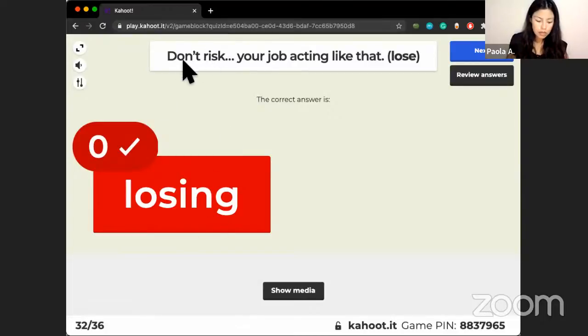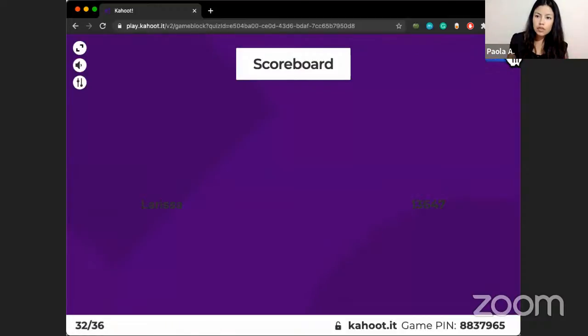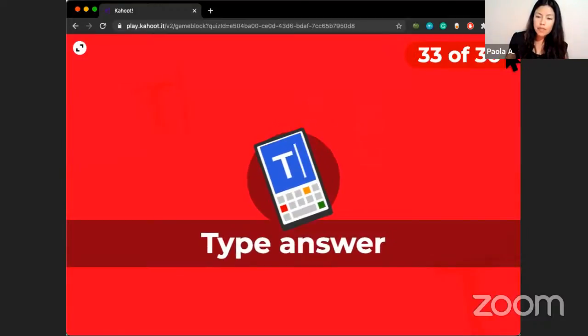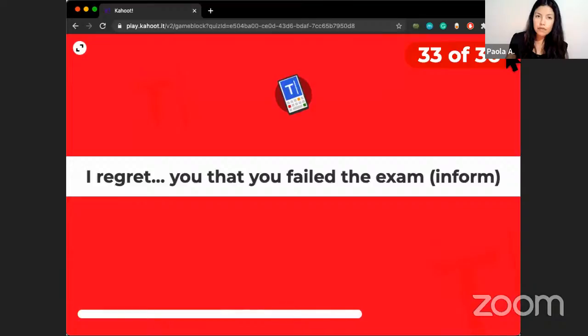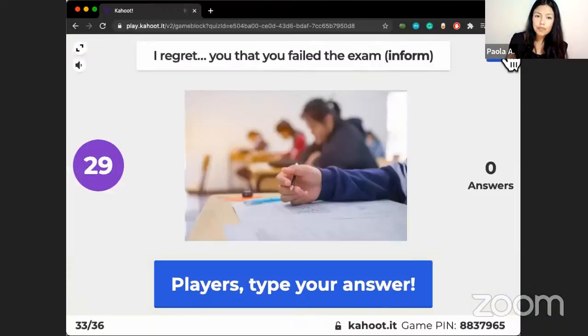Let's read the sentence, please. Don't risk losing your job acting like that. That's correct. Very good. So risk, it's with gerund. All right, regret.